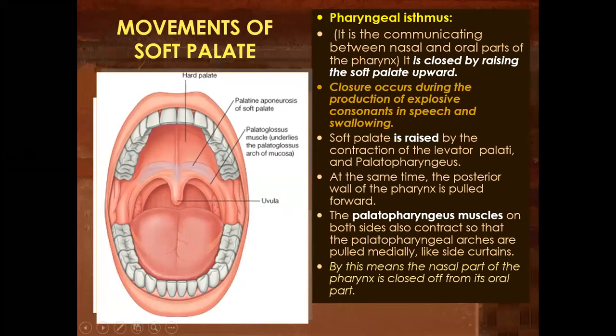Here you can see the oropharyngeal isthmus. This is the palatoglossus, and deep inside is the palatopharyngeus. That will pull downwards, and it closes like a curtain.